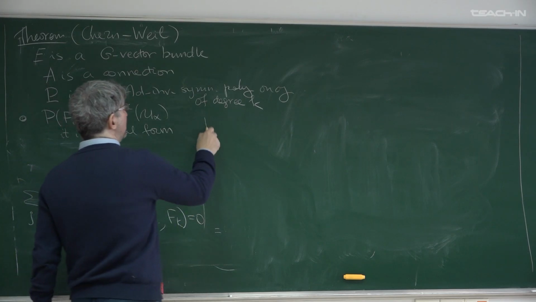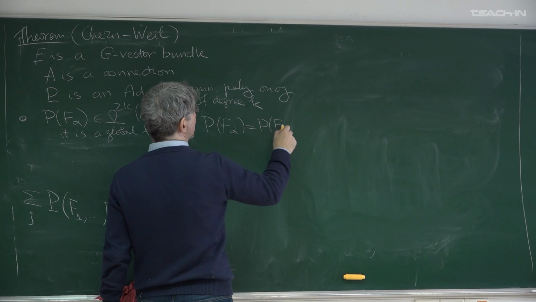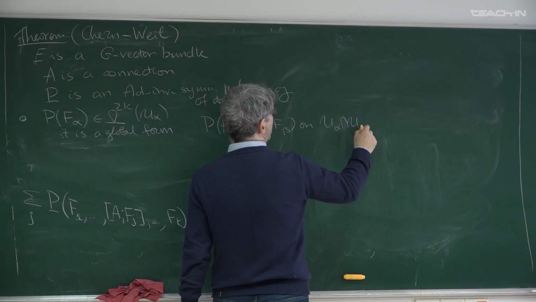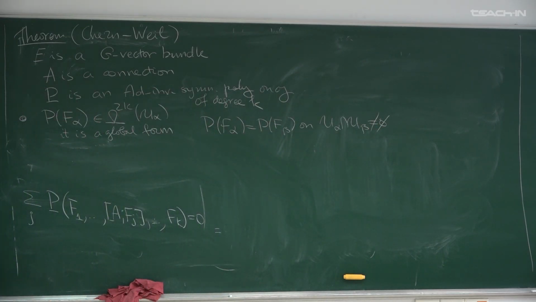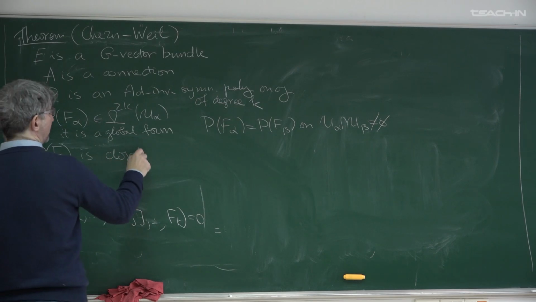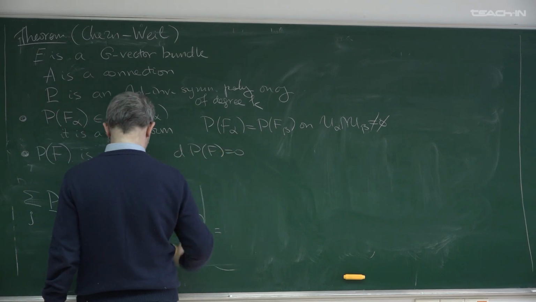It means that P(F alpha) coincides with P(F beta) on intersections which are non-empty. Second claim is that P(F) is a closed form. So the differential of this thing is 0.